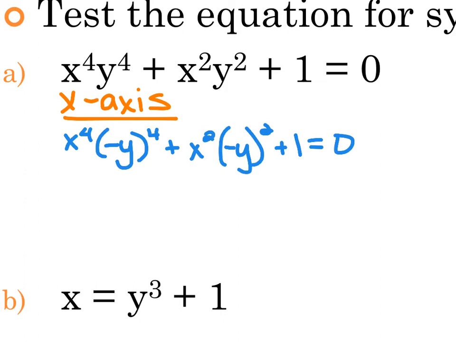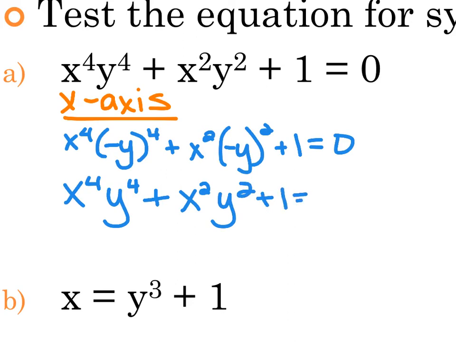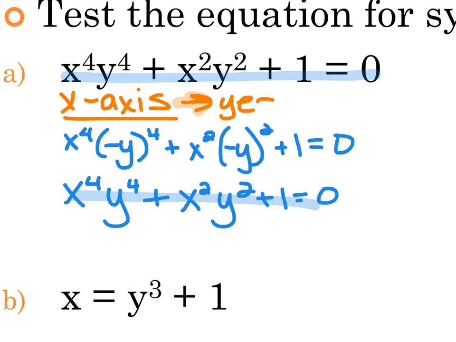It goes back positive, right? So I get x to the fourth, y to the fourth, plus x to the second, y to the second, plus 1 equals 0. Does this equal this? Yes. So the answer here is that it is symmetric to the x-axis.